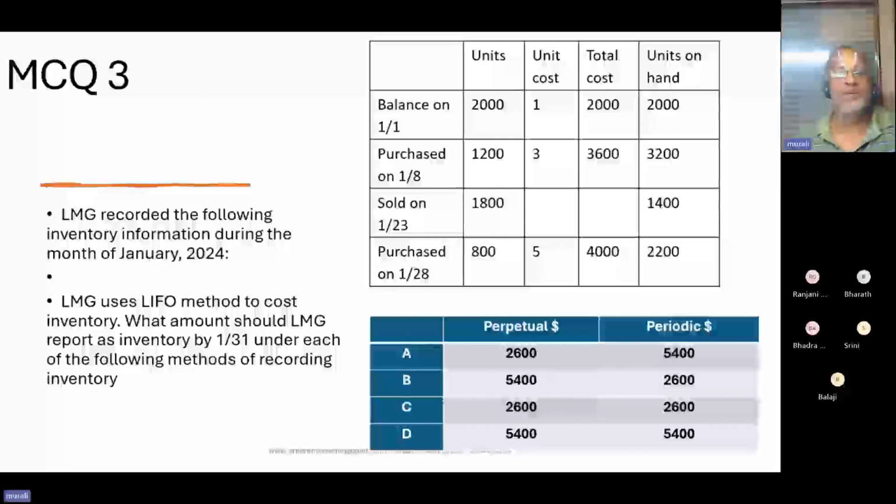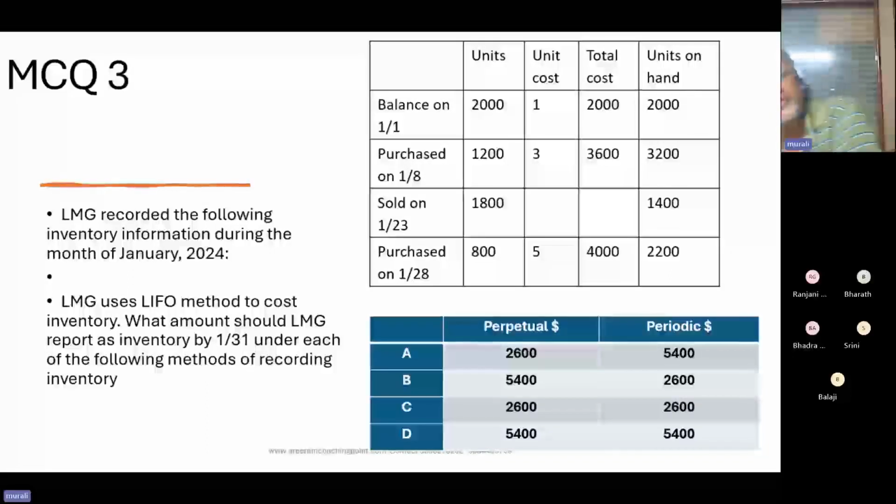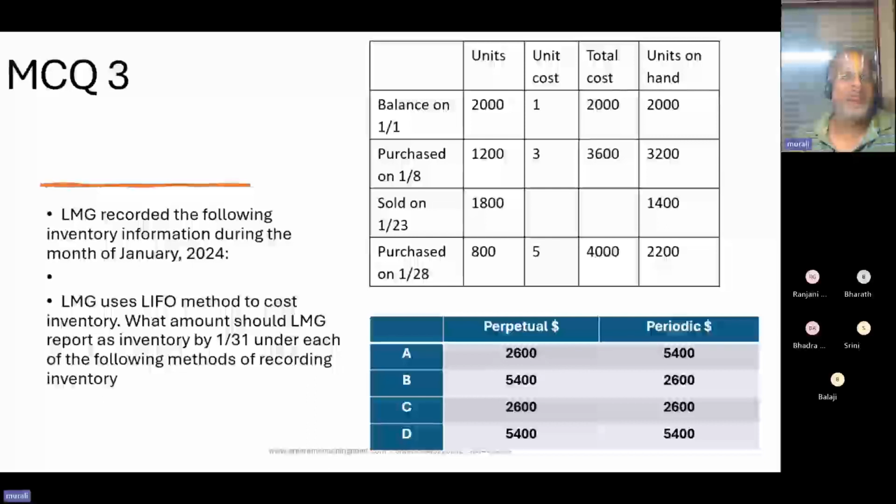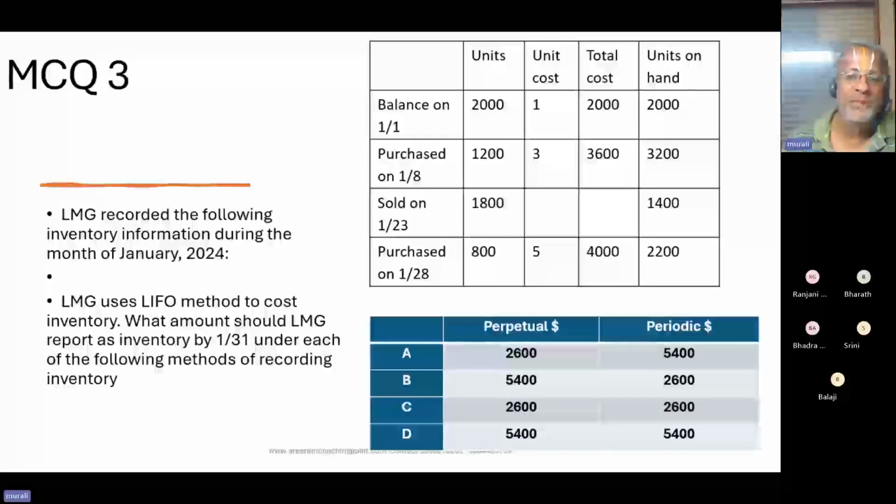So you have the information, what is the balance and how much was purchased and at what rate. You need to tell how much it is under periodic, and choose among the alternatives. So this portion is a question, this portion is a question. Based on these two, you should be in a position to arrive at the correct one.